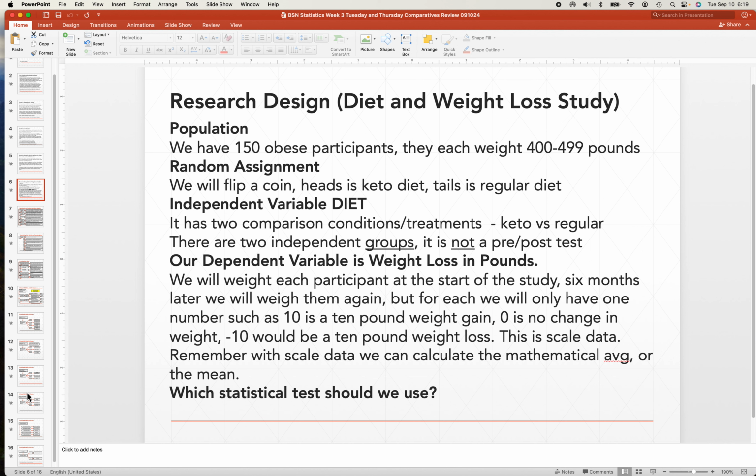We could get a mean of each group because it is scale data, right? Pounds are measured in weight loss. It's a number, scale data. So for each group, for the keto diet, for the regular diet, we could obtain a mean of pounds weight loss, and our independent samples t-test would compare those two to see if there's a significant difference.